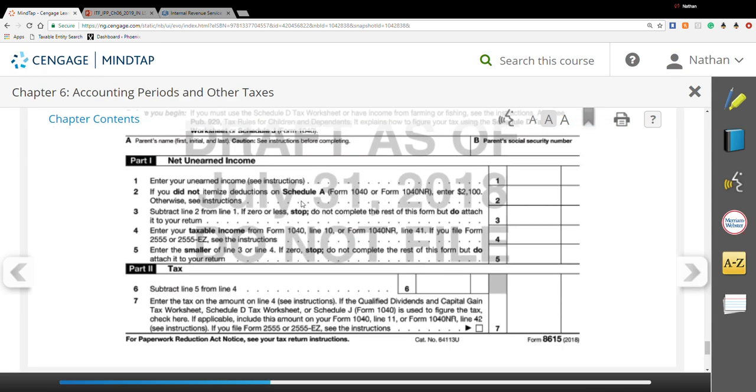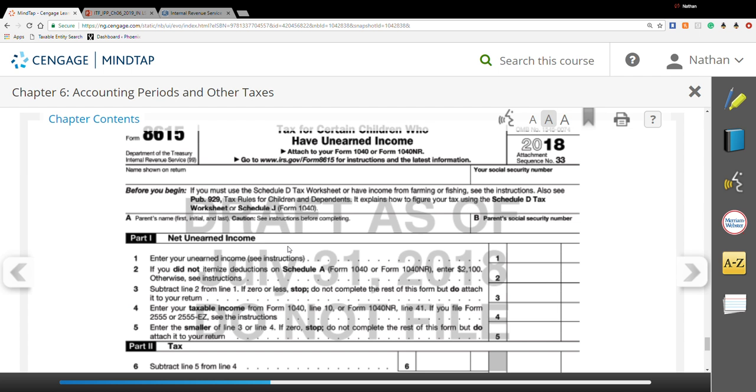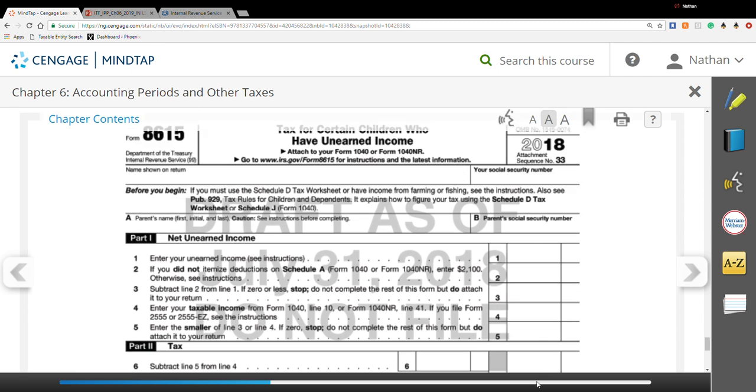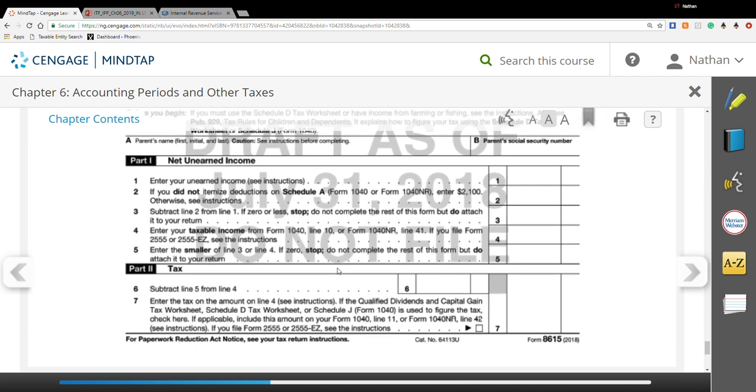So it goes through all the calculations. It's going to have all the kid information, first figuring out the NUI, then it's going to figure out the tax. Not much to this one. It's very simplistic. We just have to know the math involved.